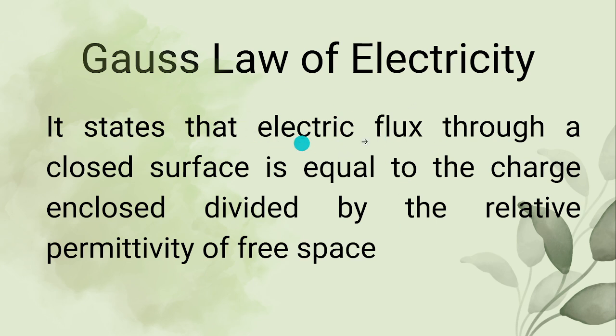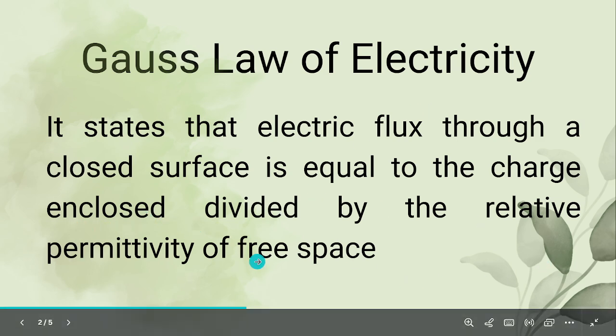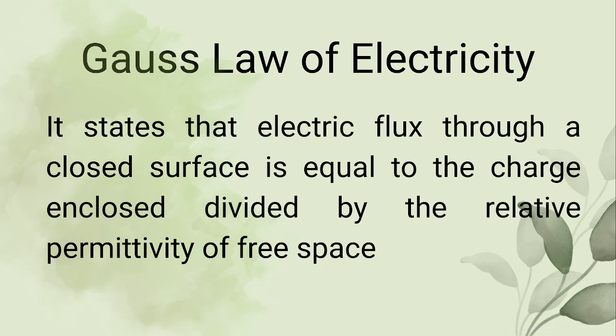What is electric flux here? Electric flux is the electric field through an area, and the other important term is permittivity. It is the capacity of free space, how much electric field can pass through free space.